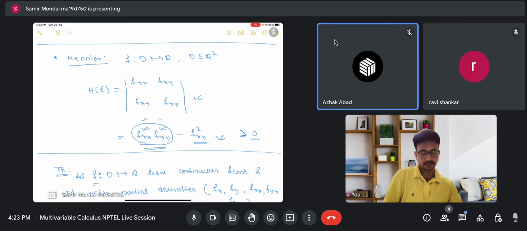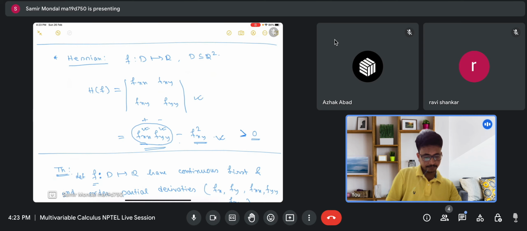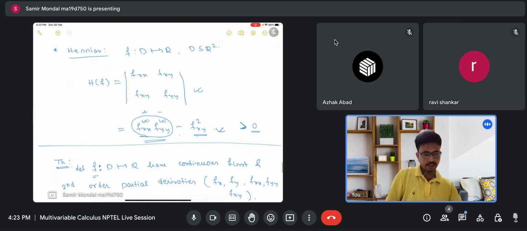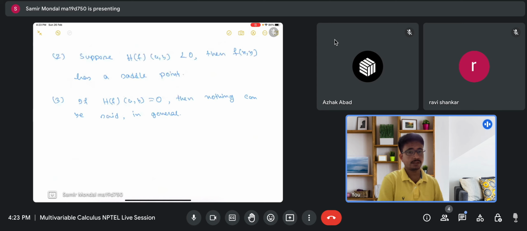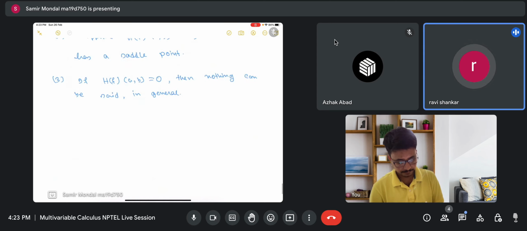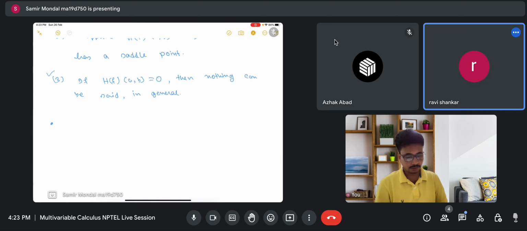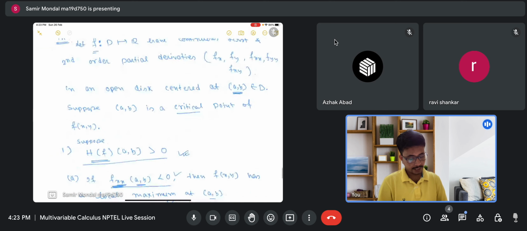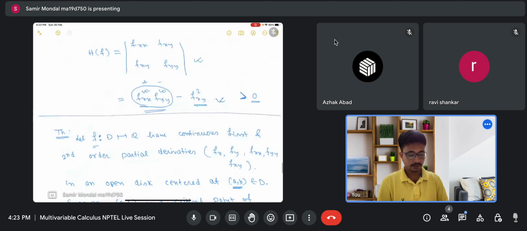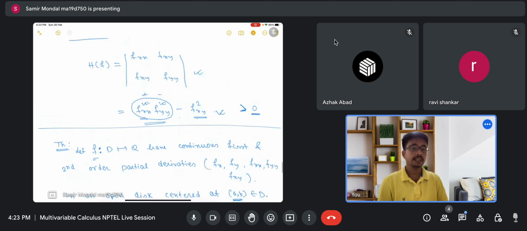Understood, sir. Okay. Now try one example. We'll start with a simple example. When your Hessian is positive, is it enough to check the sign of f of xx?